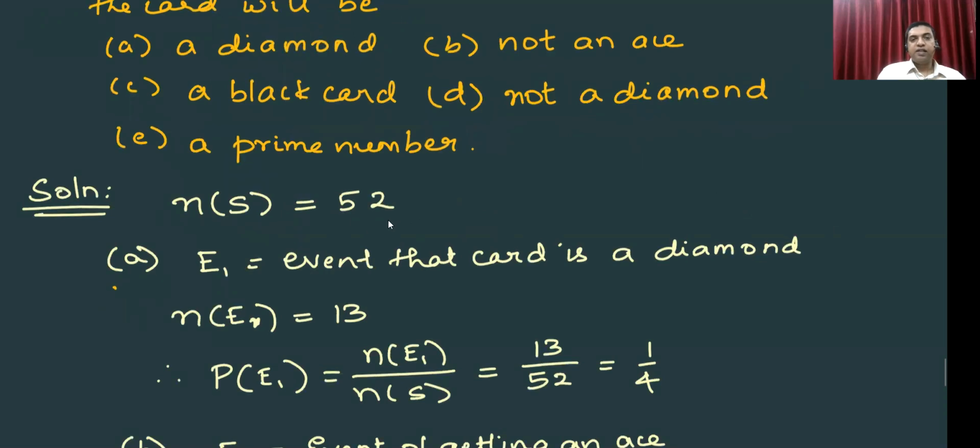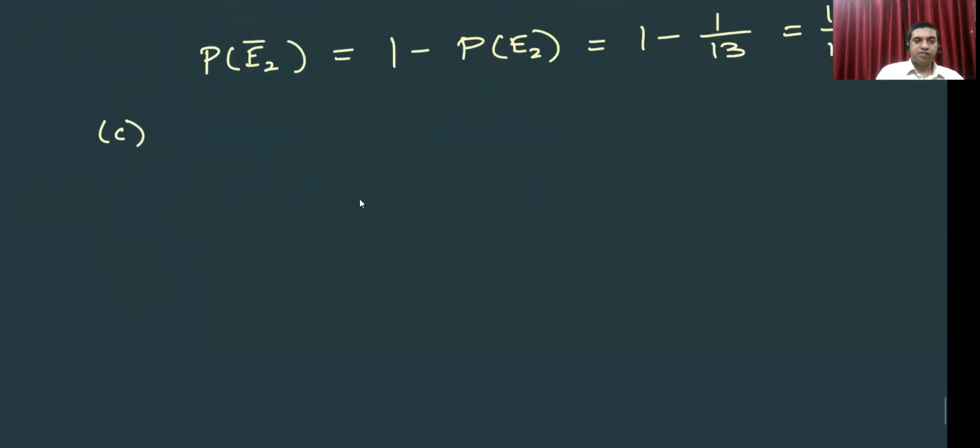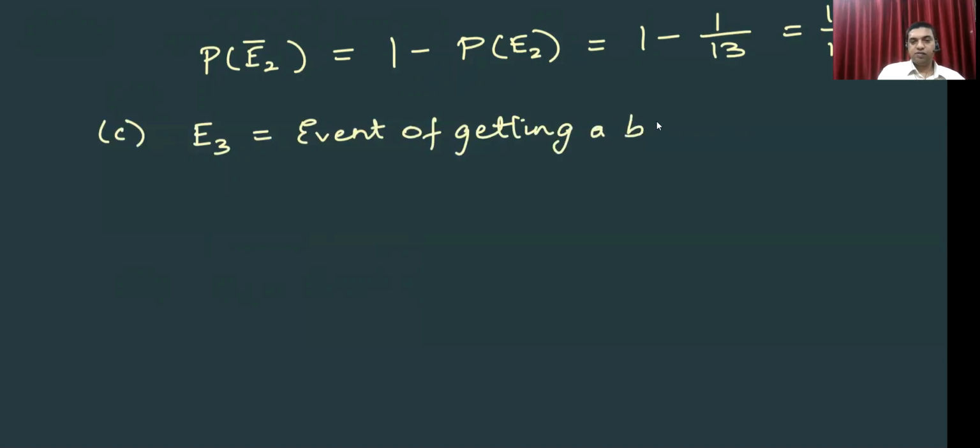Next, a black card. Let E3 be the event of getting a black card. What will n of E3 be? 26 cards, because 13 and 13.